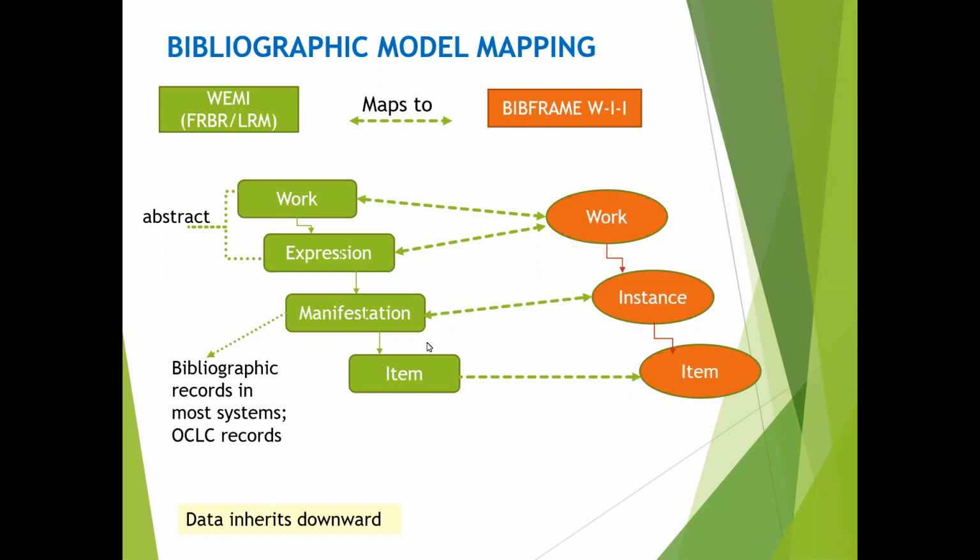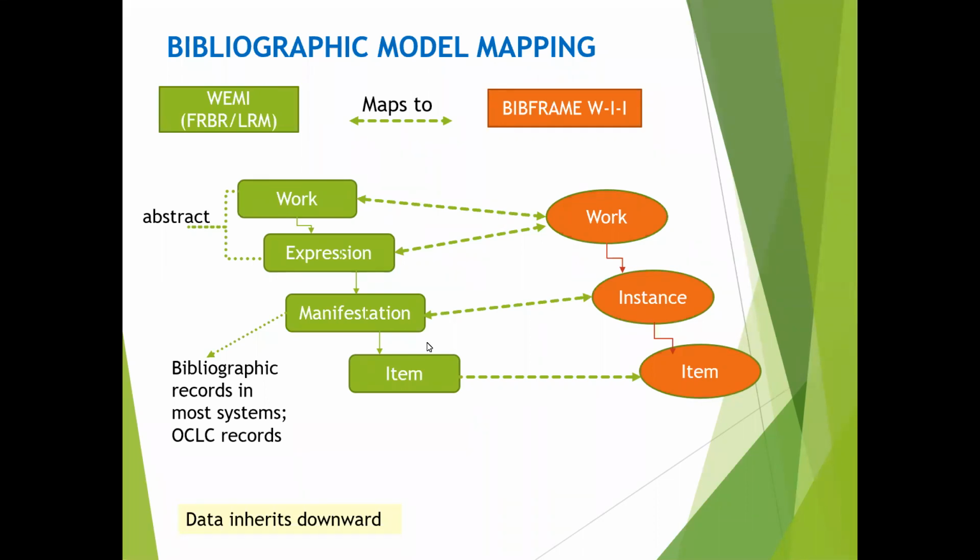You don't go up and look through and find a work record and then find an expression level and find a manifestation, and it's like, oh, there's my record that matches my thing on my desk. We don't have that. So when you look at a record in OCLC, the subject headings would be in a work record if we had such a thing.